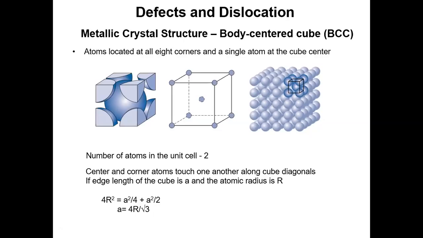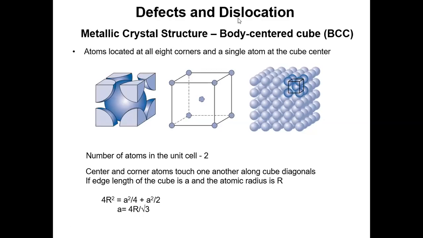Because the atomic arrangements are different, right? So here, how do we get a relationship? You see in here, they touch, but not like the previous time. So these will touch along this diagonal length.